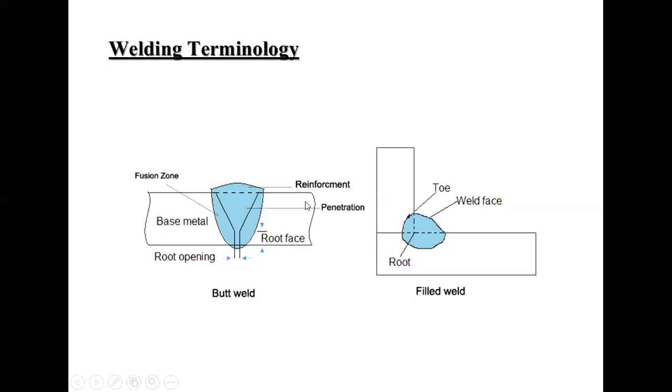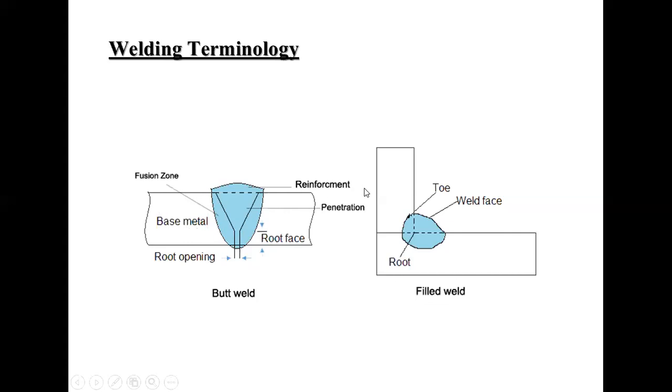These portions are the base metal. These are the fusion zone. This is called root. This is the root opening, and this portion is called root face. And the upper side of this joint is called reinforcement, and the upper face is called weld bead. And this is another joint.